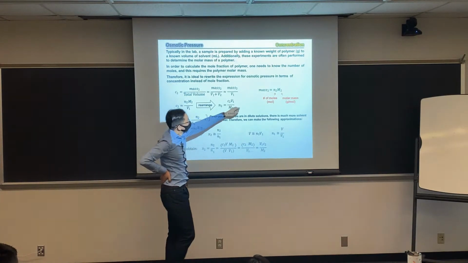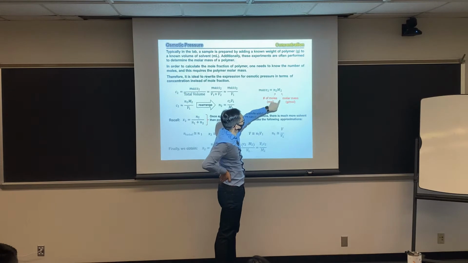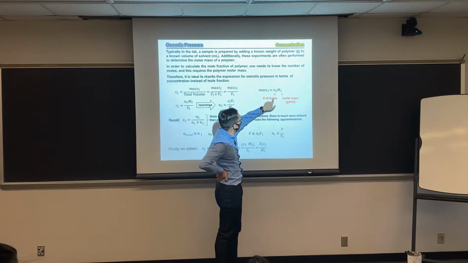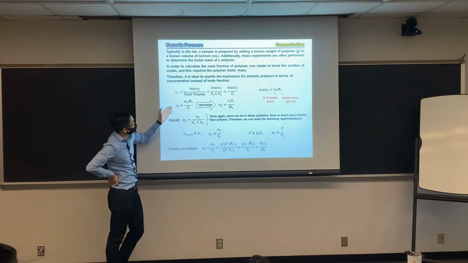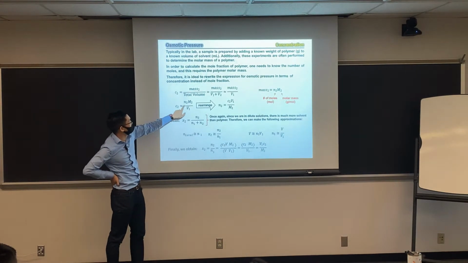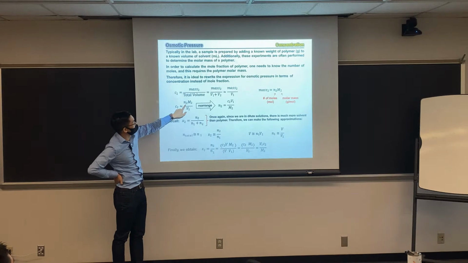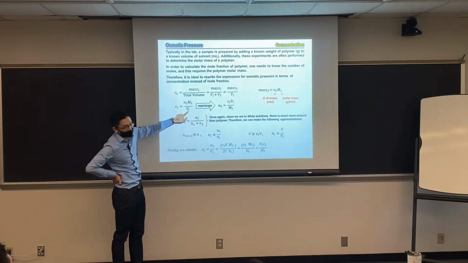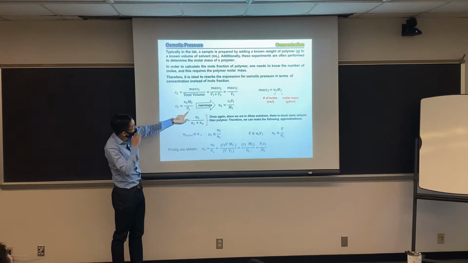We can now connect the mass to the molecular weight. Molar mass, this is the number of moles, N2. Then you can basically safely reach that C2 will equal N2, how many moles of the polymer, times the molecular weight of the polymer, divided by V1. V1 is the volume of the solvent.